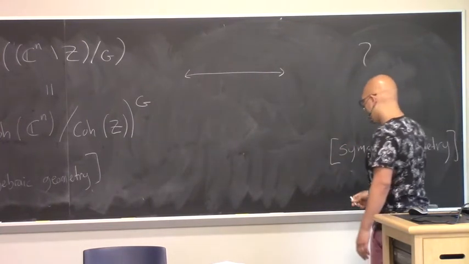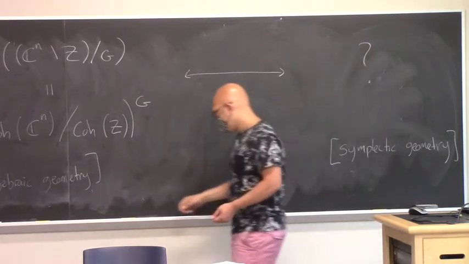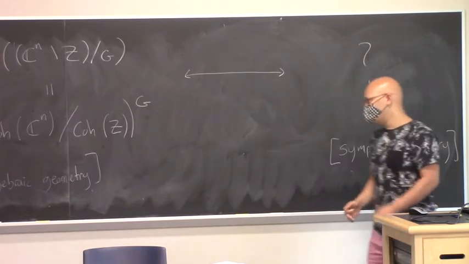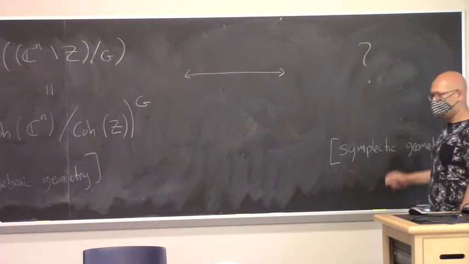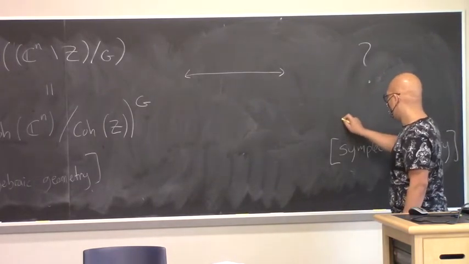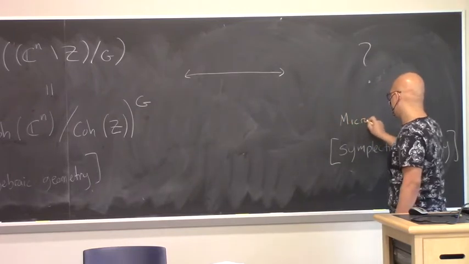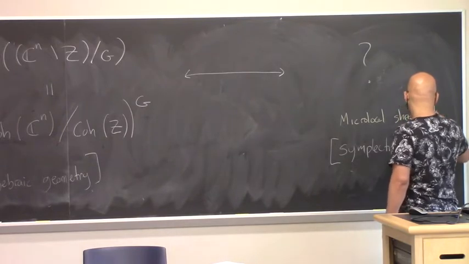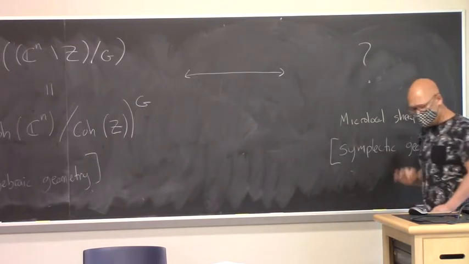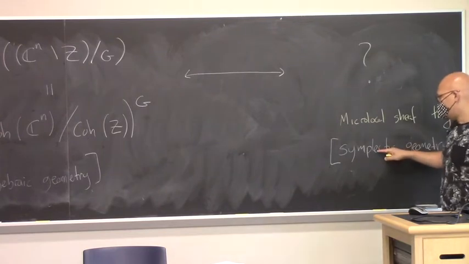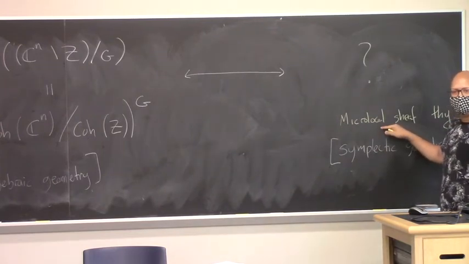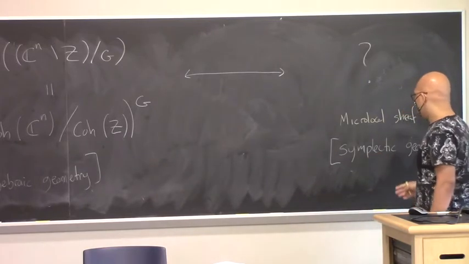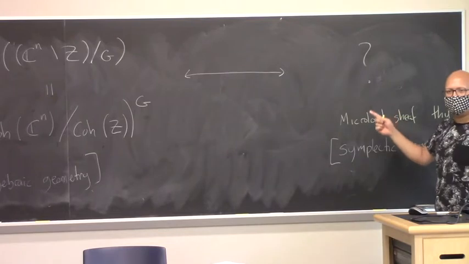But so I wrote some notes for this talk, and there's two steps that are involved in this translation. The first is turning symplectic geometry into a different subject called the microlocal theory of sheaves. And my original plan was to explain today first how the symplectic geometry turns into the microlocal sheaf theory, and then do this calculation. Unfortunately, when I wrote the notes for that talk, it was about 15 pages before I got to any calculations.